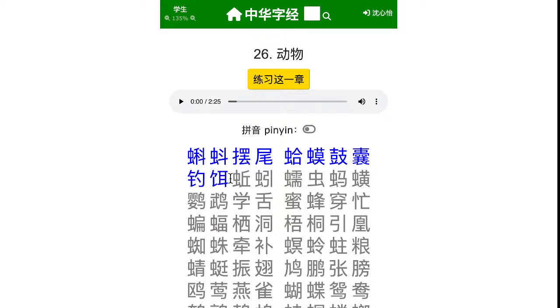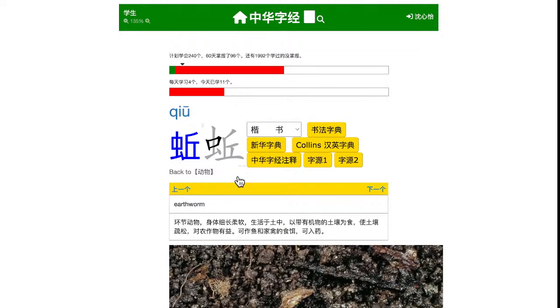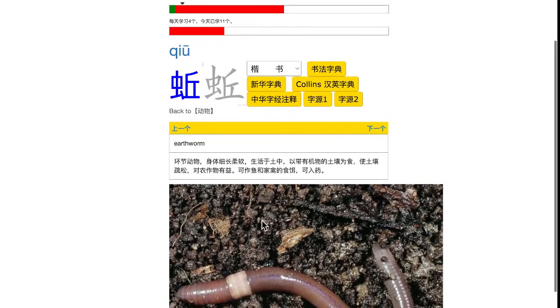钓饵, 蚯蚓. Another pair of characters specifically built to refer to an animal is 蚯蚓. This 蚯 refers strictly to earthworms. On the left-hand side is 虫, meaning insects or worm.